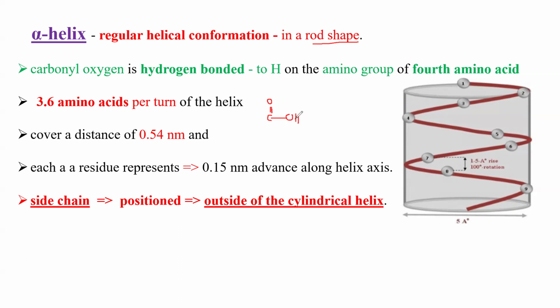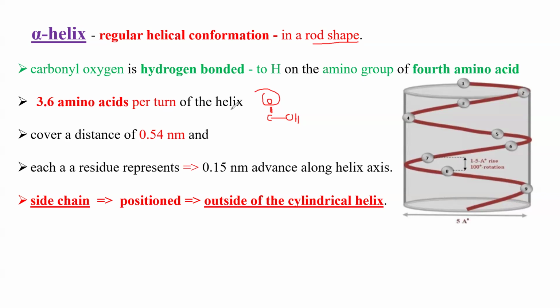So in the case of alpha helix, this carbonyl oxygen usually forms a hydrogen bond with the amino group of the fourth amino acid, and therefore there are 3.6 amino acids per turn of the helix.